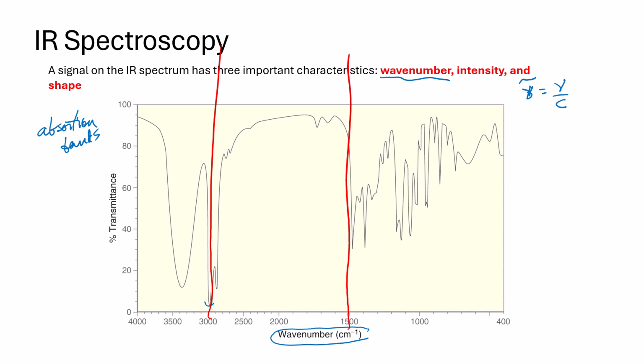Anyways, what we're going to be looking at is this region, which we call the diagnostic region, and under that is the fingerprint region. But mostly we're going to be working in the diagnostic region and learning about functional groups. That's the most important information that we're going to get out of the IR spectrum. And so that's the first thing that you want to be noticing.